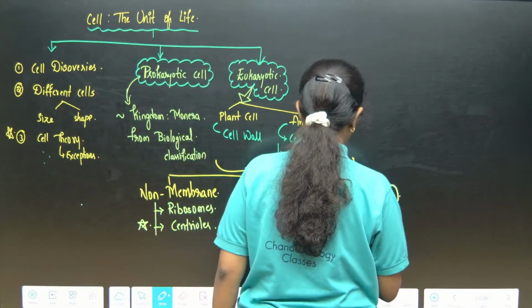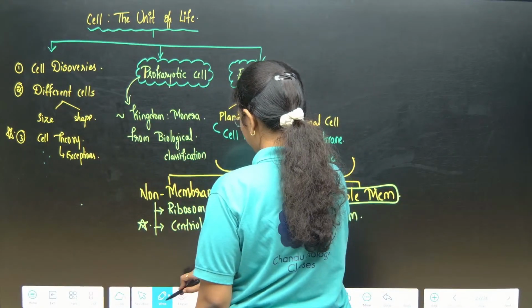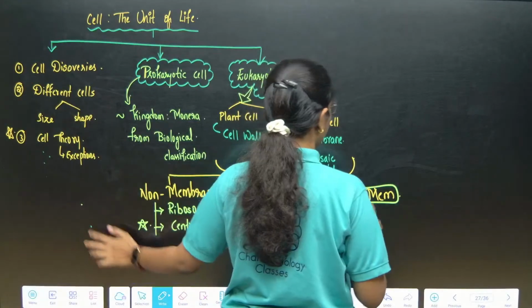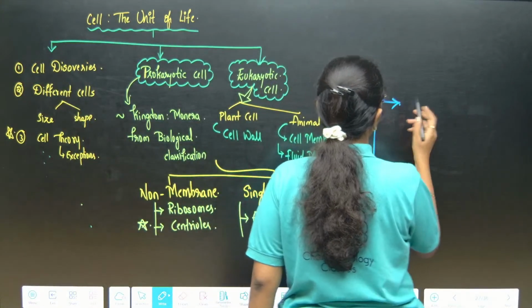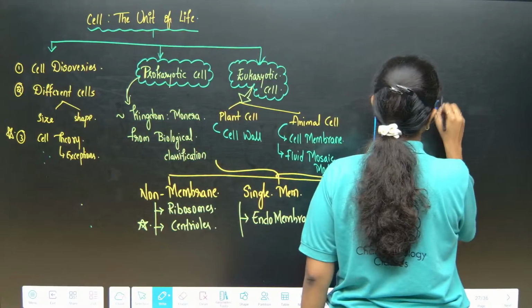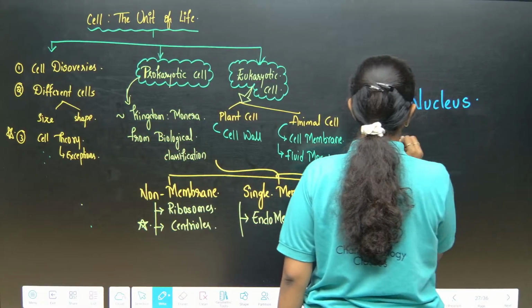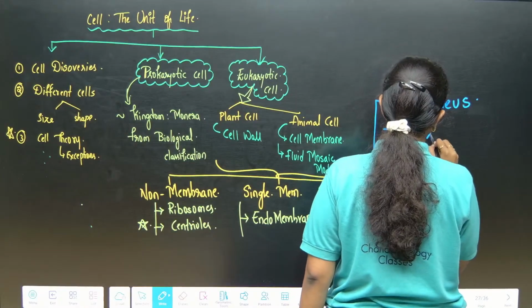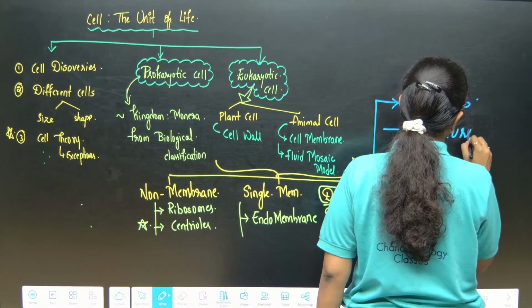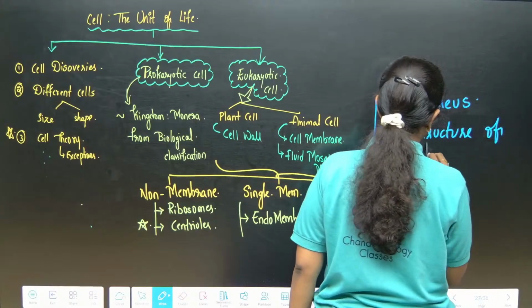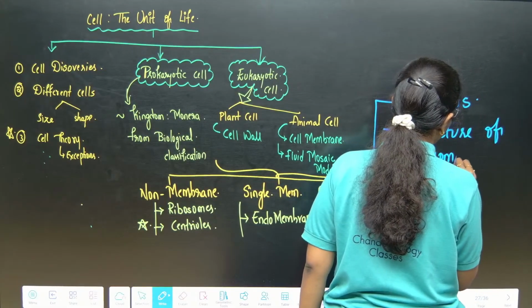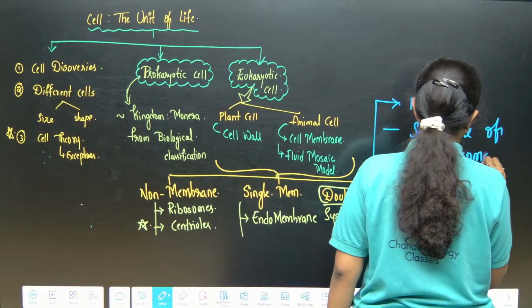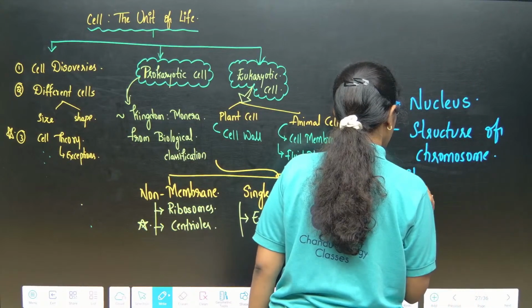Here you look at the double membrane bound organelles. First is nucleus. When you are going through nucleus, you have to be clear on the structure of chromosome and shapes of the chromosome.